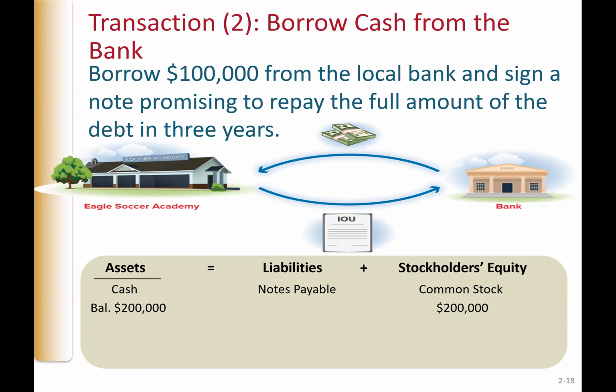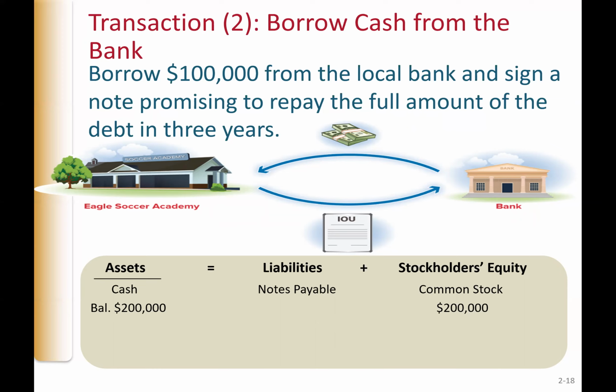Now, here's another one. We borrowed 100,000 from the local bank, and we signed a note promising to repay the full amount of the debt in 3 years. So guys, what do you think happened here?